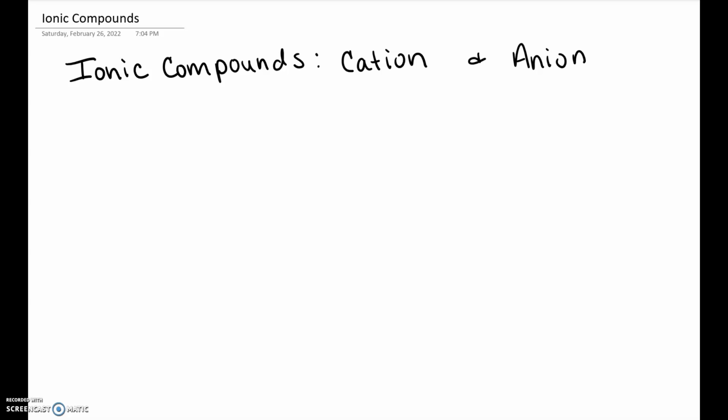And remember, a cation is a positively charged ion, and an anion is a negatively charged ion. Now, typically, the cation is a metal, and the anion is a nonmetal.